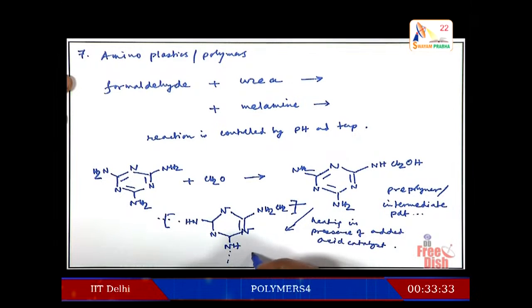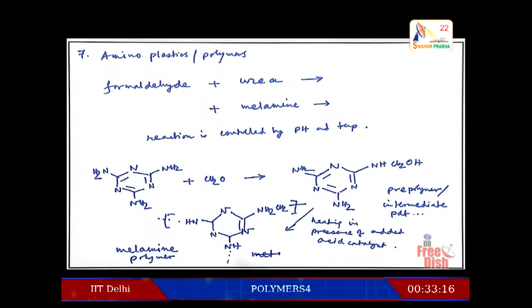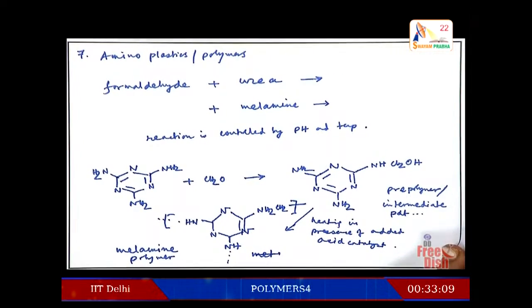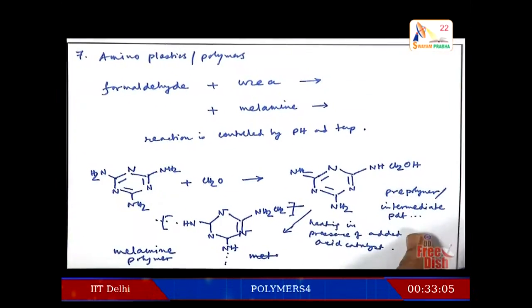So, this is a melamine formaldehyde polymer, or in short melamine polymer, which basically are used in preparation of that coating the utensils which we commonly use.